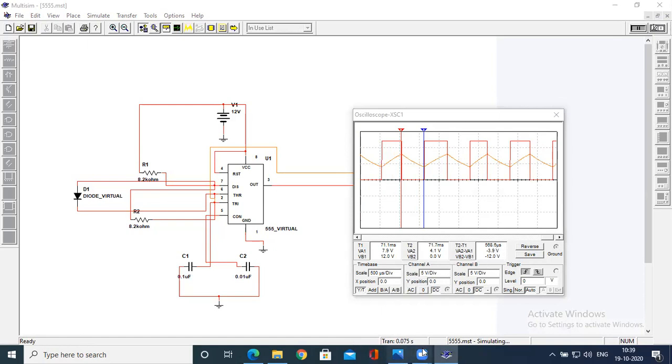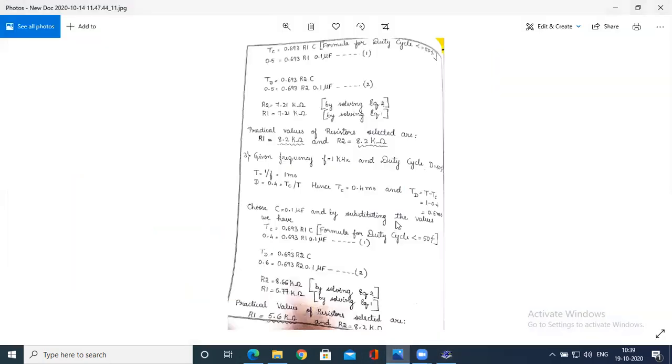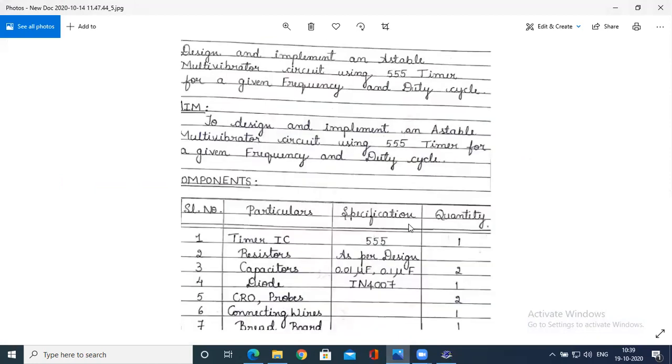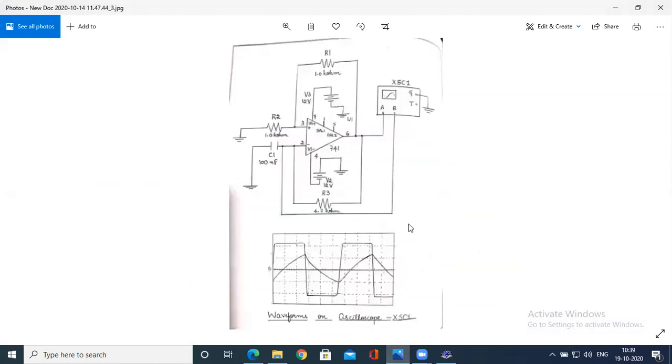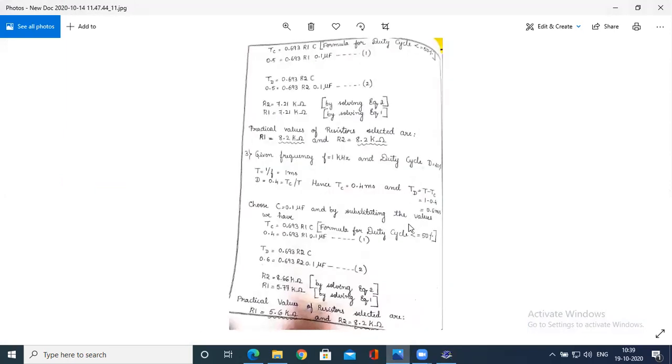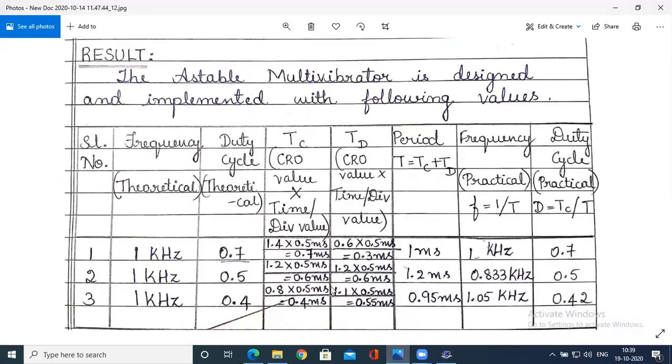So when you come to the practical values, you use that value in the table. For the duty cycle, second case 0.5, you calculate on the CRO value, that is physically, but for us, this is important.